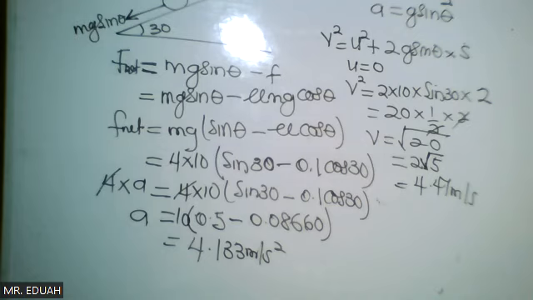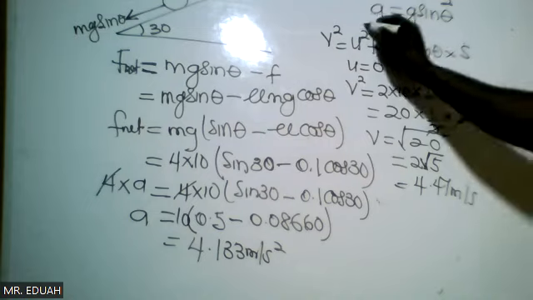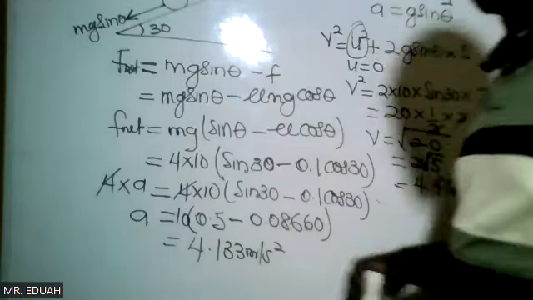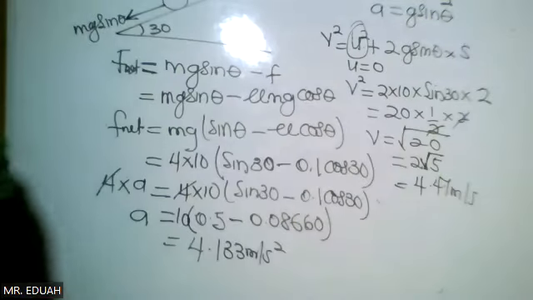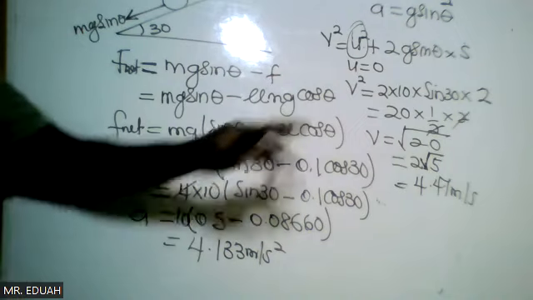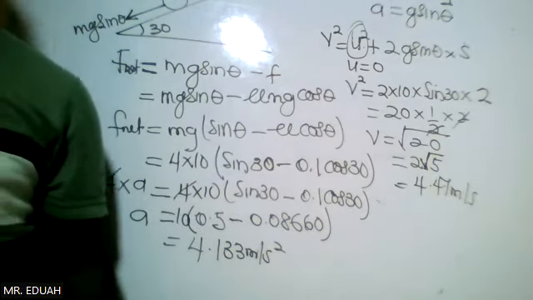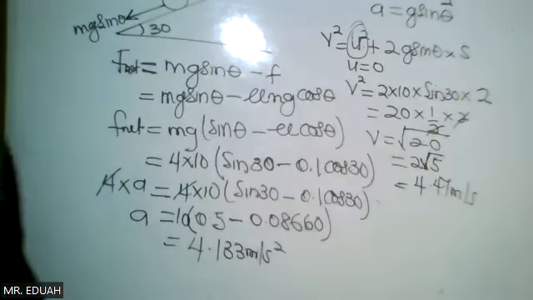I'm saying why are we not adding the sine theta to the u squared, because at the end the velocity is being affected. No, it started from rest. The initial velocity is 0. U is 0 because the motion started from rest.